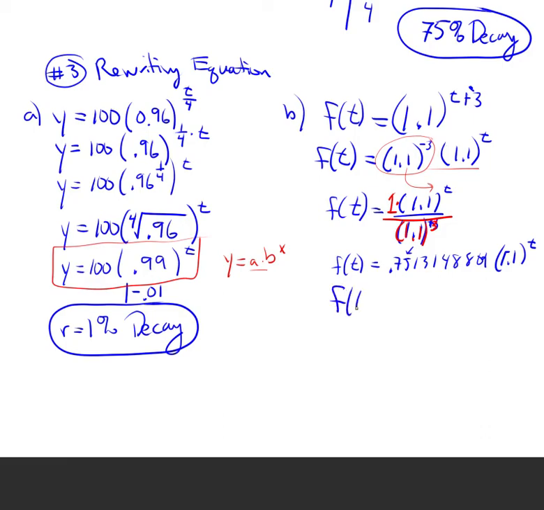So f of t, now when we round it, we use the squigglies, is approximately 0.75 times 1.1 to the t power. So that 0.75 is our a, our y-intercept, where it crosses the y-axis. And here our rate is 10% and it is a growth.